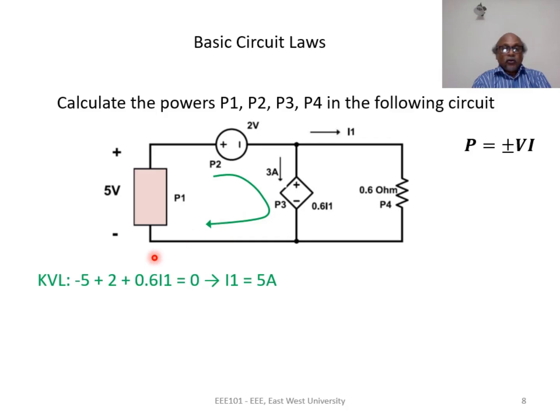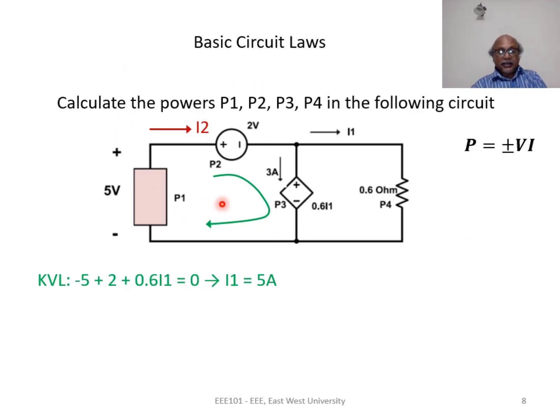Next, we want to know what is the current flowing through this branch, this rectangle and this 2 volt. We know that the current through both these elements are the same, but no current is shown. If we need to calculate a circuit variable which is not shown in the circuit, we have to assign the circuit variable ourselves.